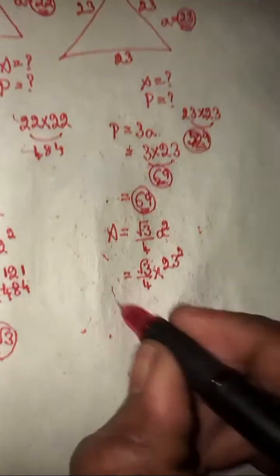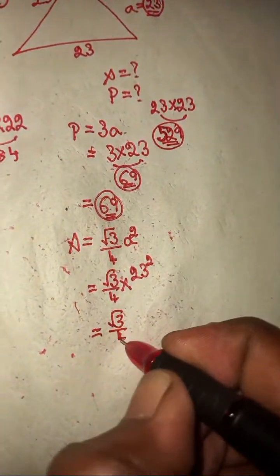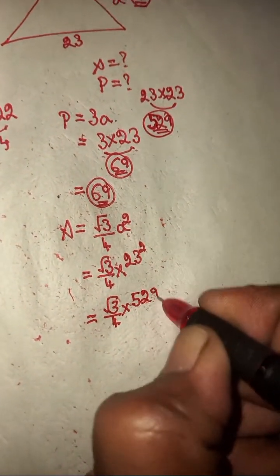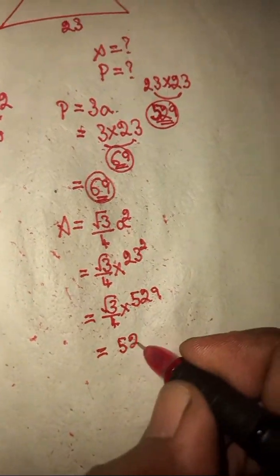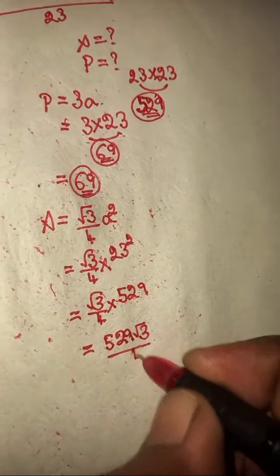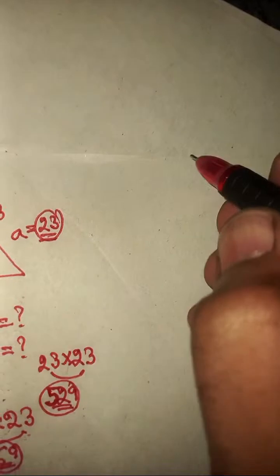So you're going to get root 3 by 4 times 529. You cannot divide 4 into 529, so multiply those two. 529 root 3 by 4 square units. Let's take one more triangle.